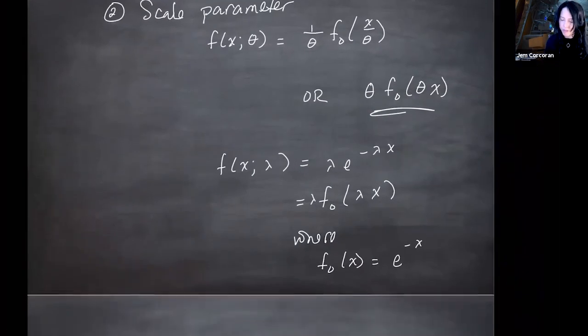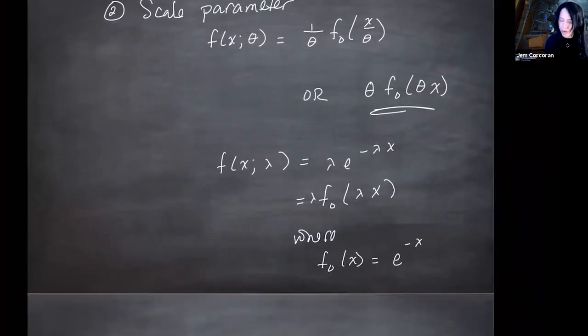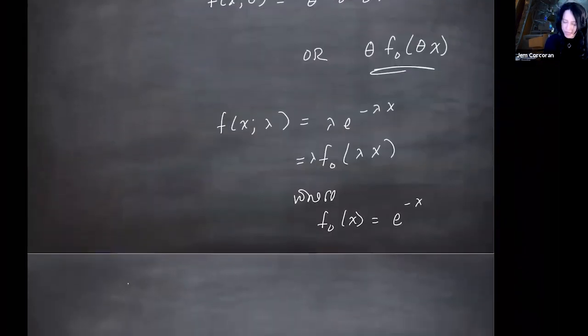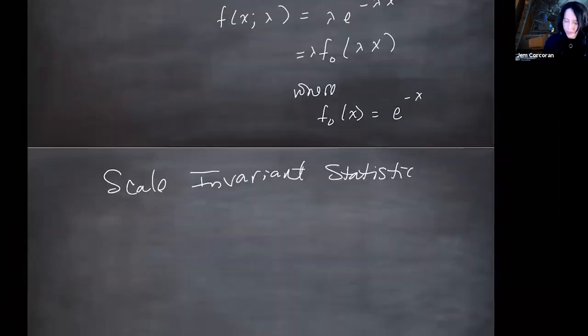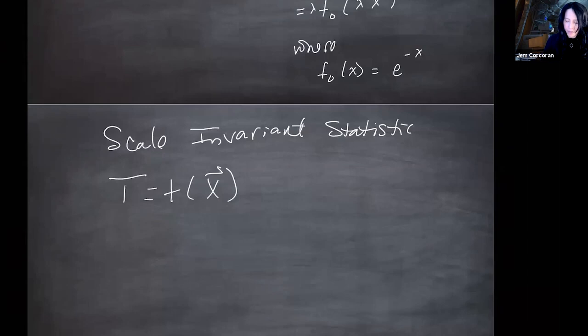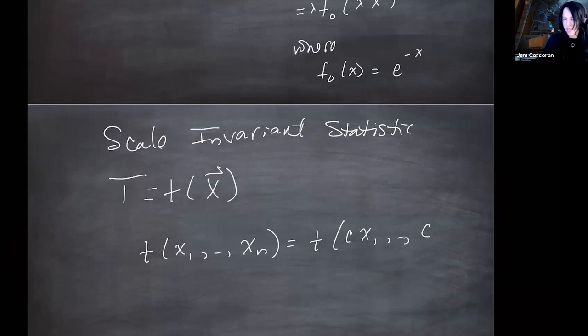But let me finish off what I'm trying to state in problem 2. So a scale invariant statistic is one where you have a statistic that is some function of the x's, and the function of the little x's is equal to the function of the little x's multiplied through by a constant, as long as that constant is non-zero.